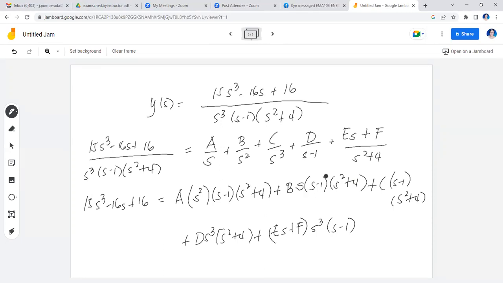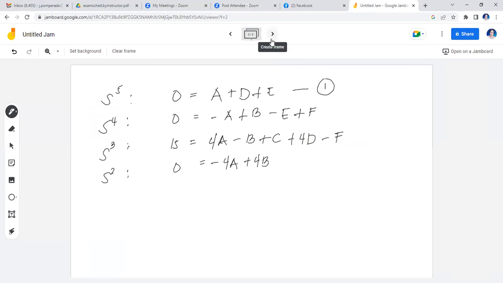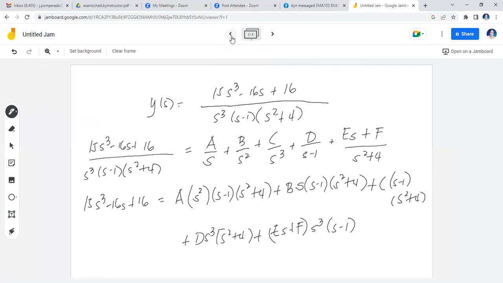This one negative S squared, negative S cubed, -4, 4 times S, negative 4S. So only one here for S squared. Negative S squared, negative B. Wait, I'm looking for S squared, by the way.